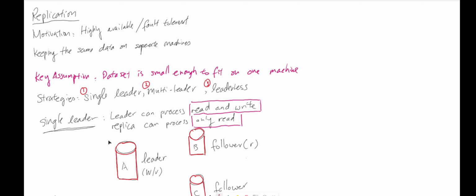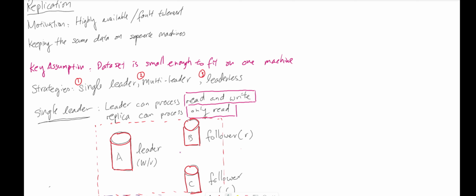So in a single leader setup, here we have a database cluster. I draw the cluster in a rectangle box. All 3 copies have the same data. In the single leader configuration, as the title suggests, there's a single leader. So this one is the leader.